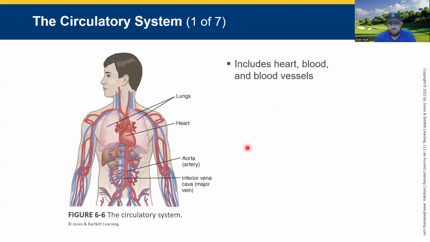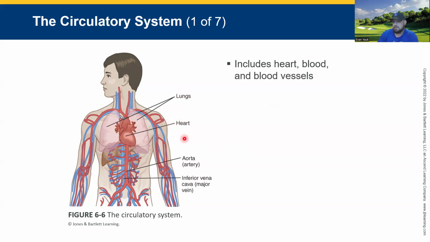The circulation system includes the heart, blood, and blood vessels. We're going to talk a lot about this, especially when we get to the shock chapter. When we start talking shock, I'm going to really hound you guys on the process of the heart, the blood, and the vessels. Here we've got a picture. You've got your lungs, and on the other side, your heart.